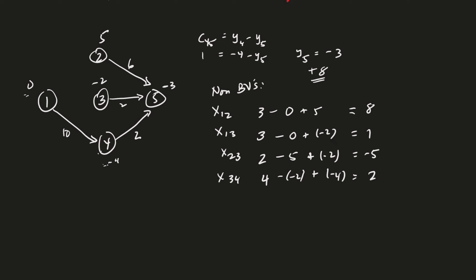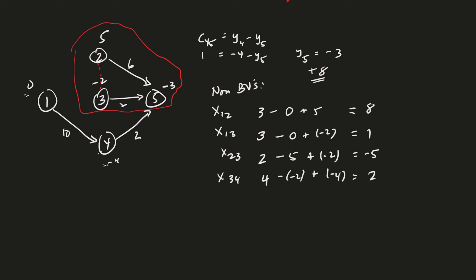negative 5, excuse me, negative 5, and negative 2 plus 2. Good. So a new arc enters. Which arc is it? Arc 2, 3 comes back into play. So that's this one. And so bringing that in, you can see that you get this corner here, right, for your cycle.